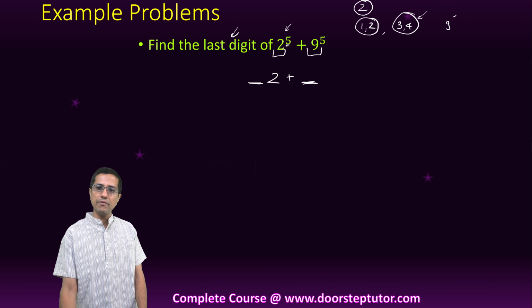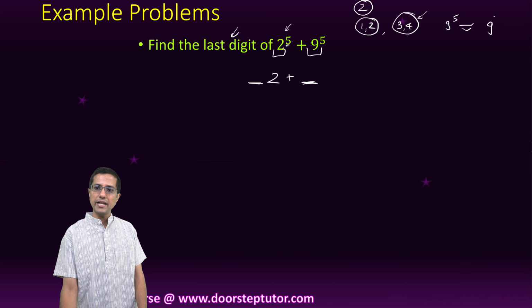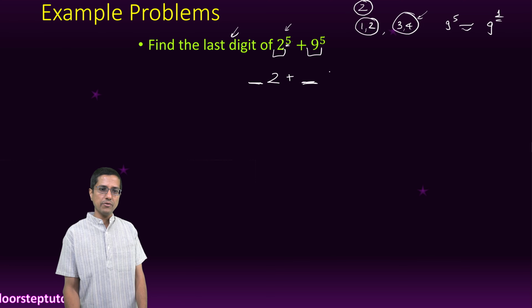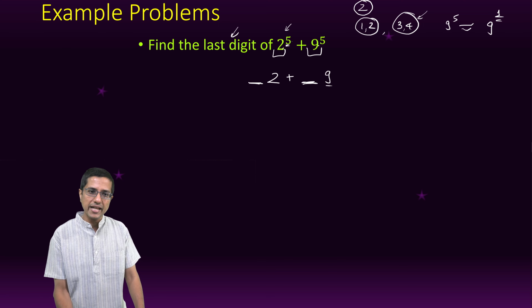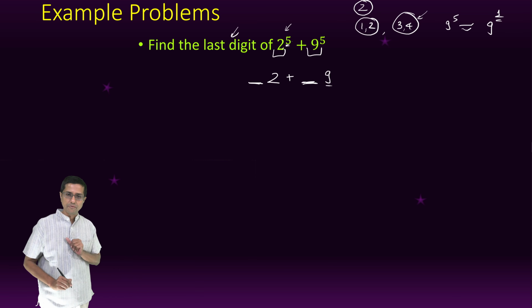Then 9 raised to power 5 would be similar to 9 raised to power 1. Of course for 9 raised to power 1 the last digit is 9, so for 9 raised to power 5 the last digit should also be 9.